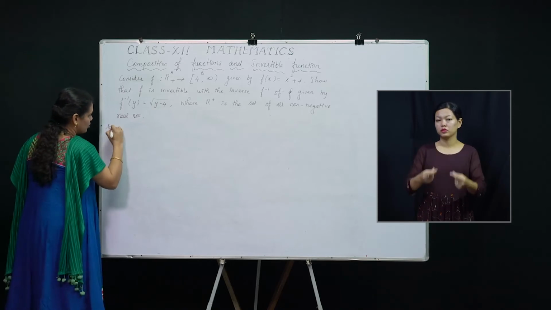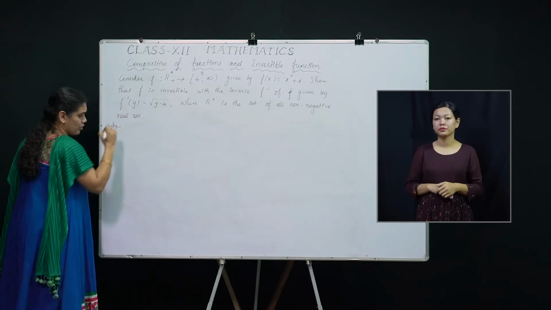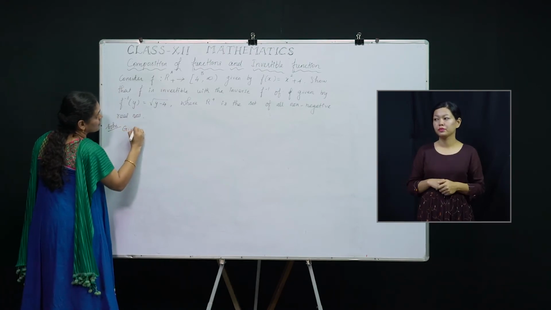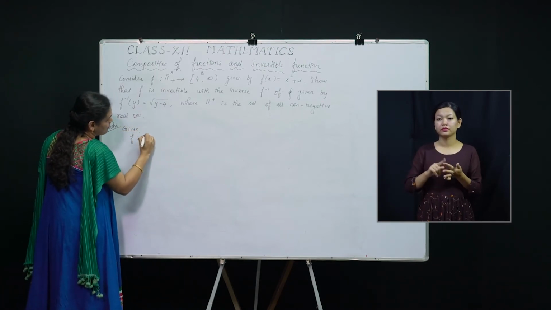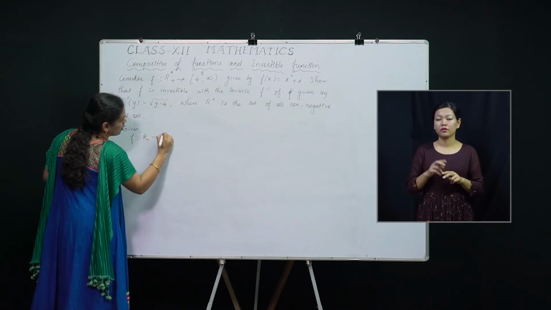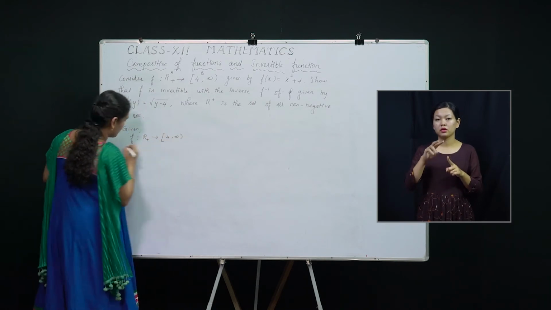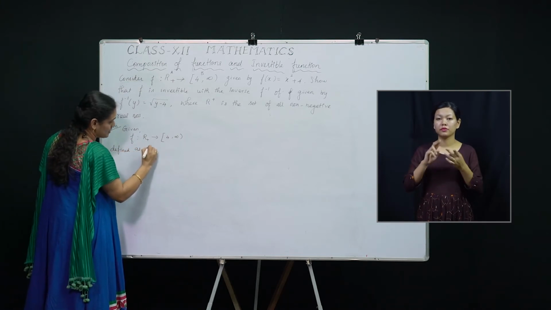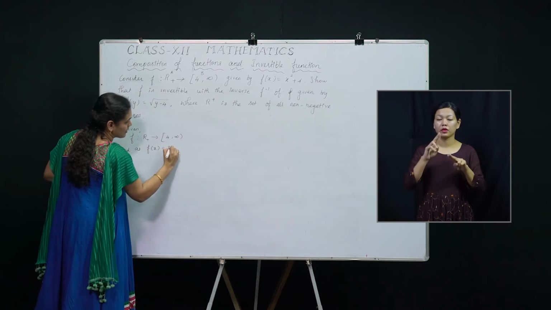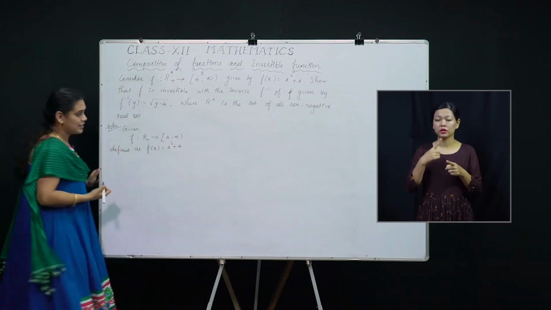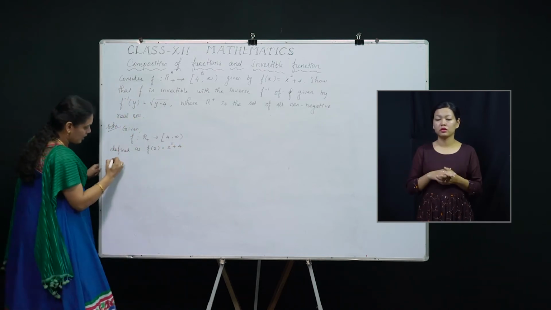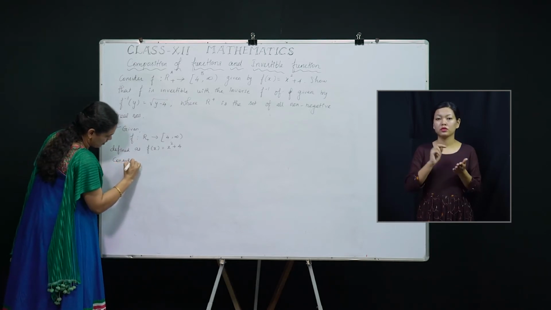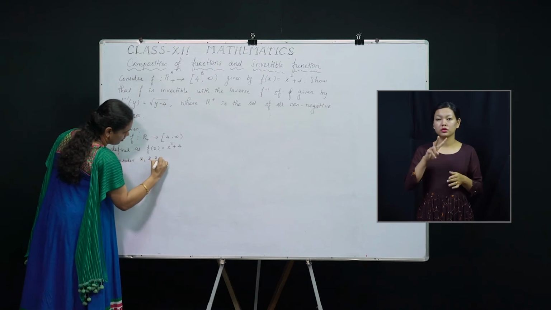First I will show you it is 1 to 1 and onto, then I will show the other method also. Given f a function from R plus to [4, infinity), defined as f(x) is equal to x squared plus 4. First, let us show that it is 1 to 1. For that we have to consider two elements, x1 and x2 from the first set.